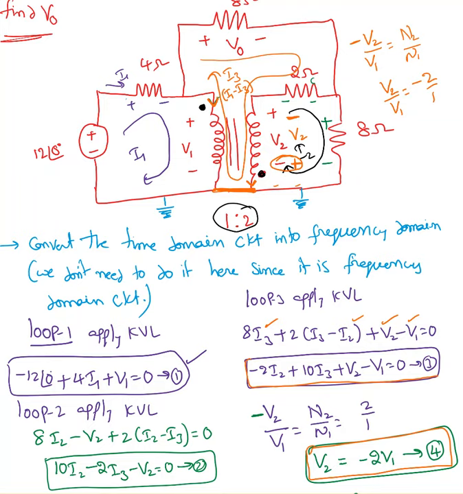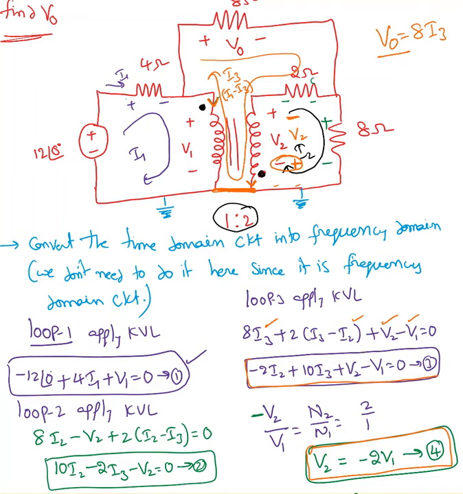Now we have another equation. That another equation is based on the I1, based on the current ratio. How do you know there are 5 equations based on the number of unknowns? Our main goal is finding V0. V0 equal to 8 times I3. As long as I find I3, we're good to go.